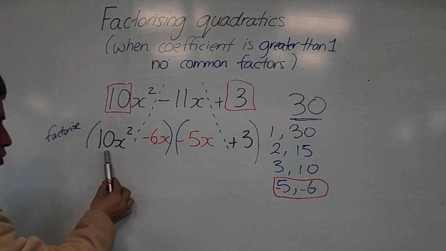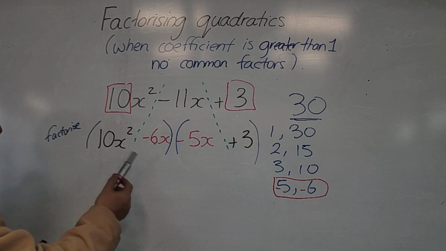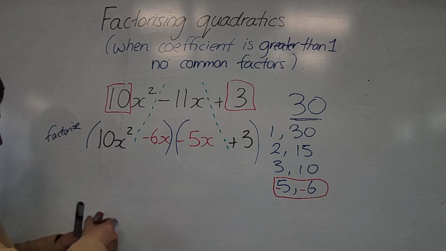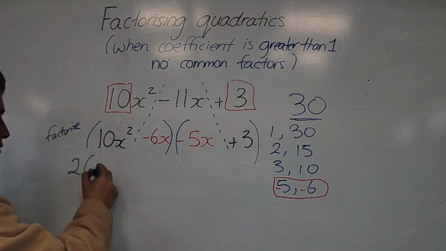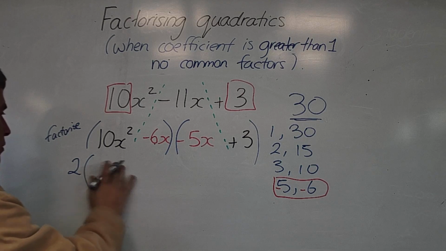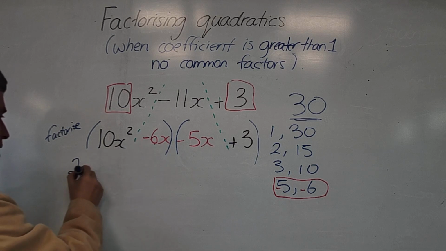Okay, so I look for a common factor between these two, and it looks like the highest common factor would be 2. Yeah, looks like it. So 2 times 5. Don't mess that up. There's x's in both, so there's an x.